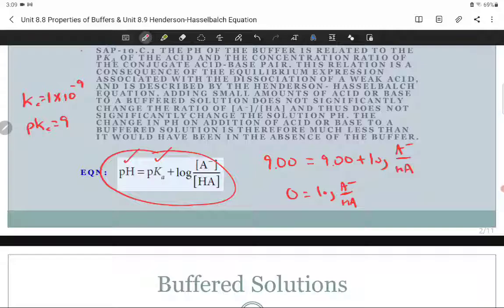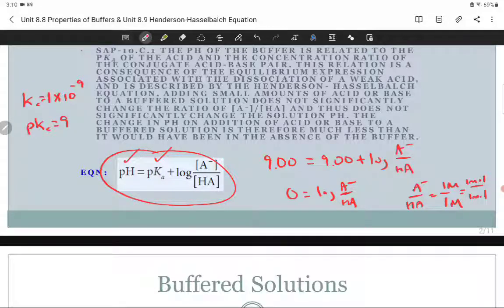When you take the anti-log of 0, you get a ratio of 1 to 1. What that means is that you need 1 molar A minus for every 1 molar HA. It could also mean, since they're in the same beaker, 1 mole per 1 mole.